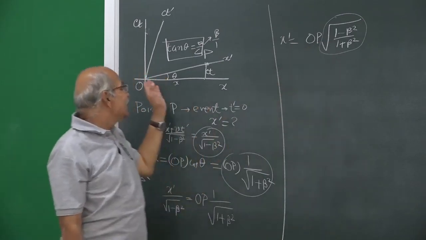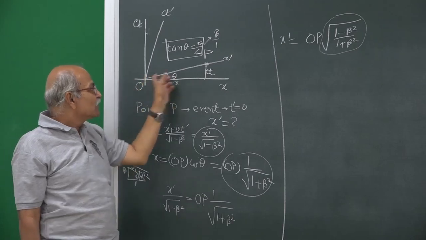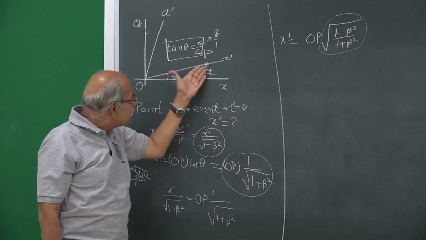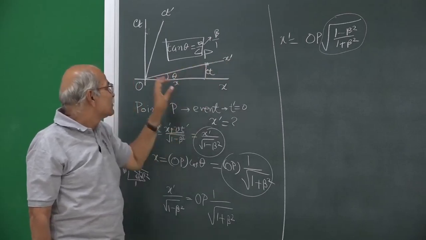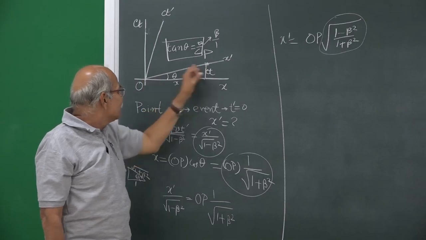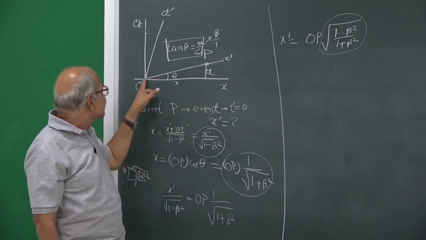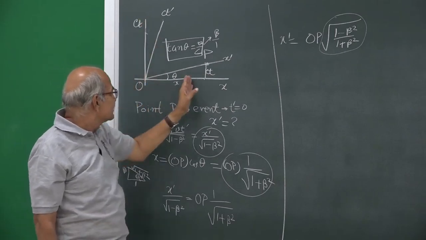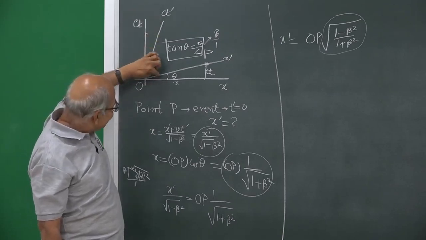So if you want the actual x prime coordinate, this is not the x prime axis, this is the x prime line. You go on this line, but the scale on this line is different. Whatever length is here is measured on the same scale. This length scale is the same, this length scale is the same, but this length scale is different.